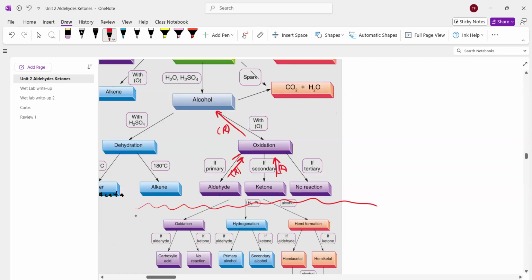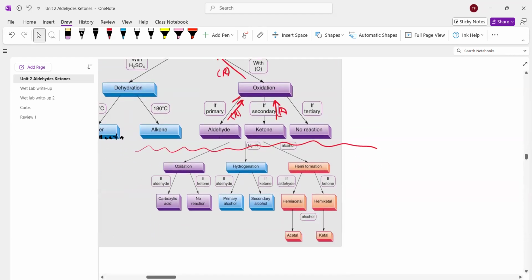Now, the tricky part on this unit is these reactions down here, the orange ones.